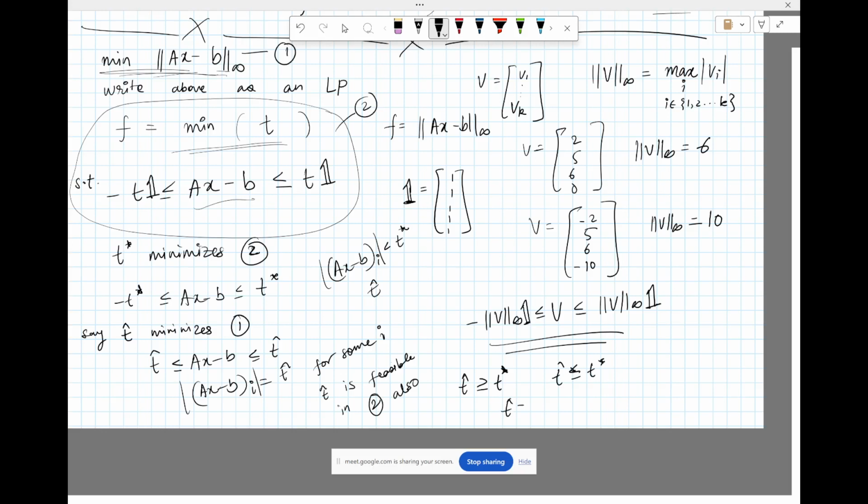That means t hat should be equal to t star. Is it clear? Yes, sir.